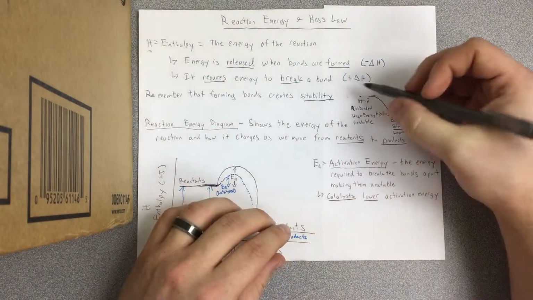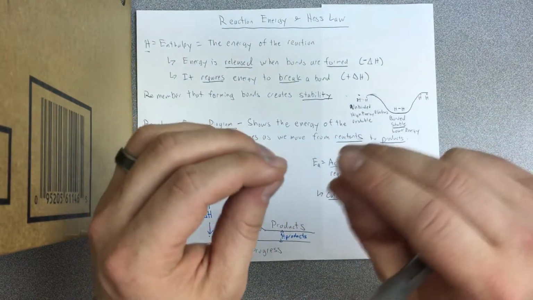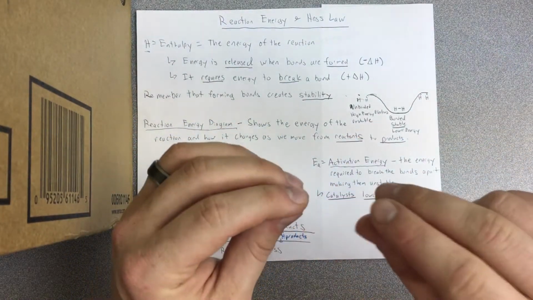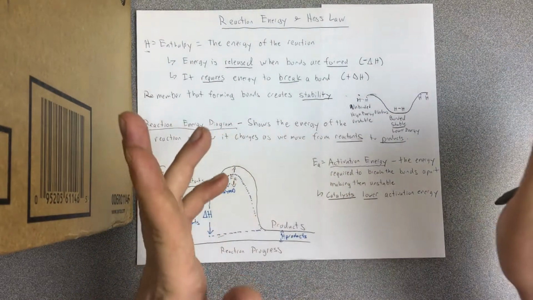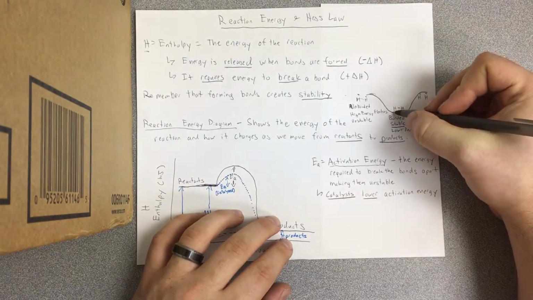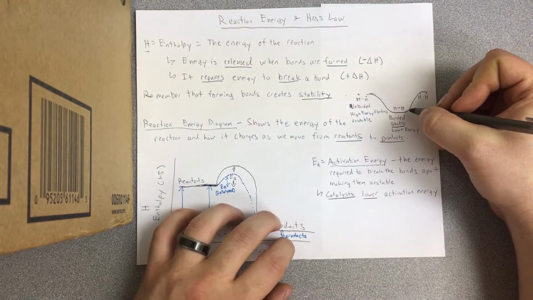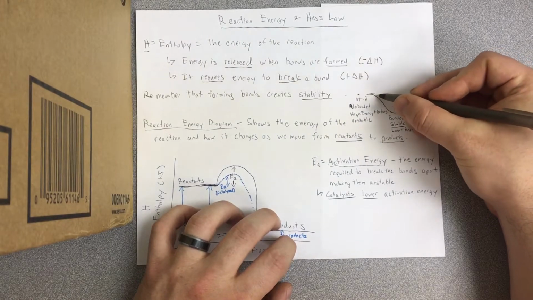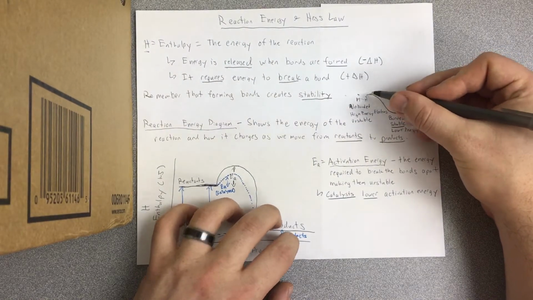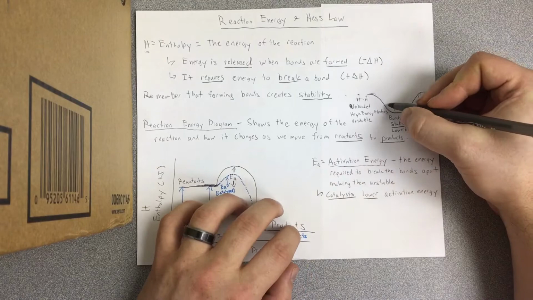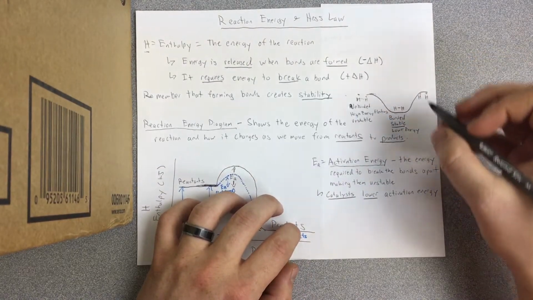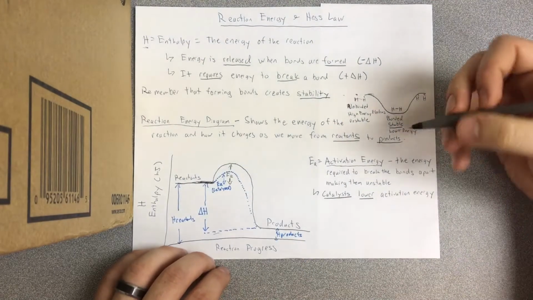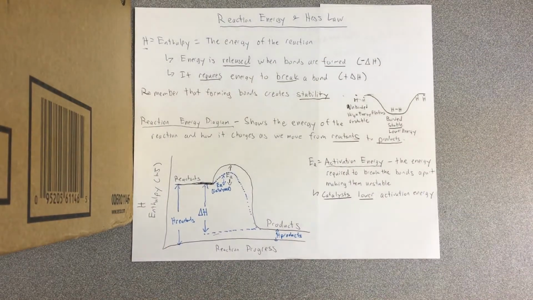Once they bond together, that high energy state relaxes and the extra energy that was there before gets released to the outside as heat. Once it's here, it's stable. It requires energy to push it back up the hill to give it more potential energy. In order to break this bond apart, we have to put energy in. That's the main concept that I want you to get from that.